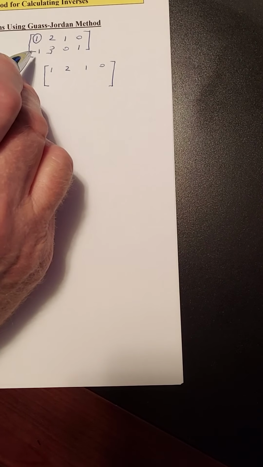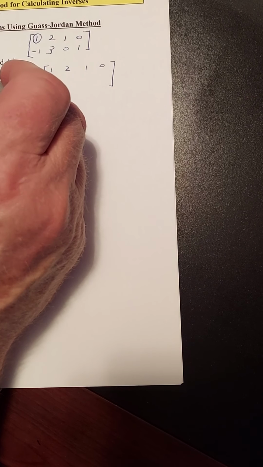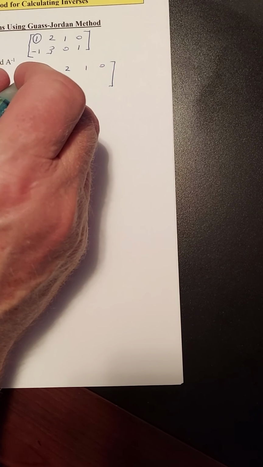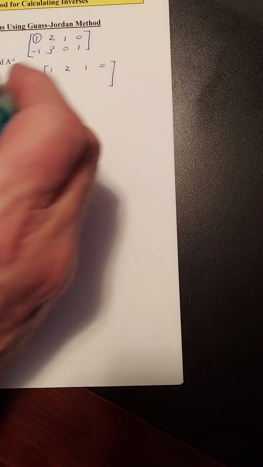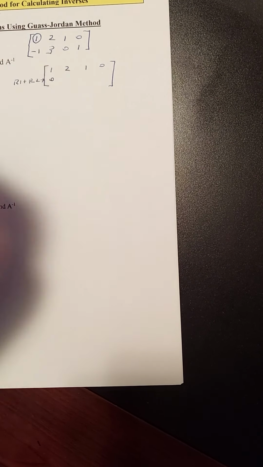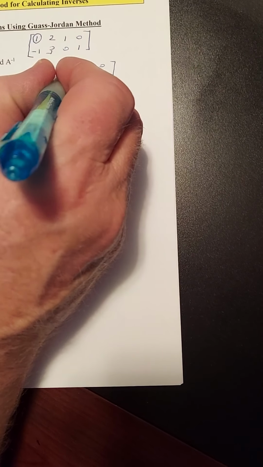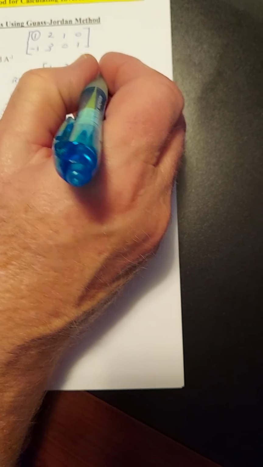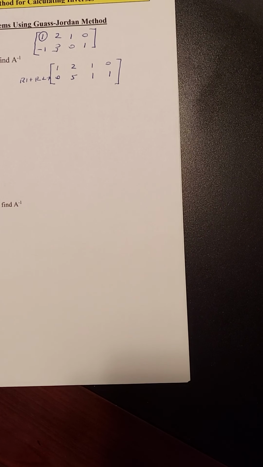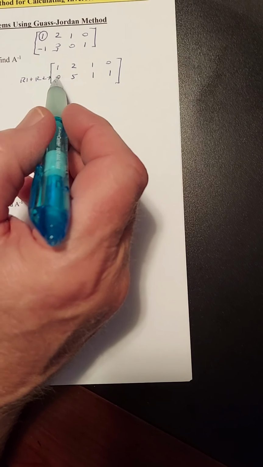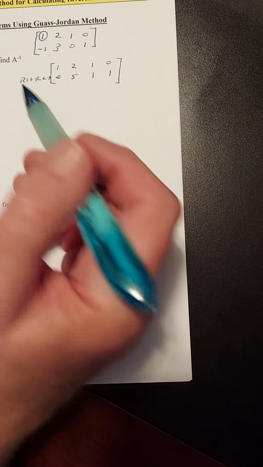To get a 0 here, I'm simply going to take row 1 plus row 2. So 1 plus negative 1 is 0. We knew we were going to get that. 2 plus 3 is 5. 1 plus 0 is 1, and 0 plus 1 is 1. All I did was add row 1 to row 2. So if you'll notice, I got the 1 and the 0 in that first column.